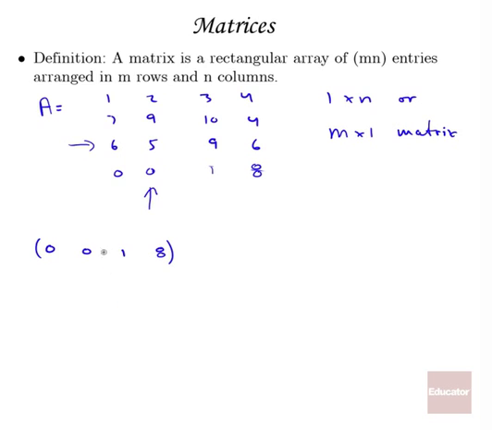This is 1 by n, in this particular case 1 by 4. Or if I take, let's say, 4, 4, 6, 8, this is a 4 by 1.